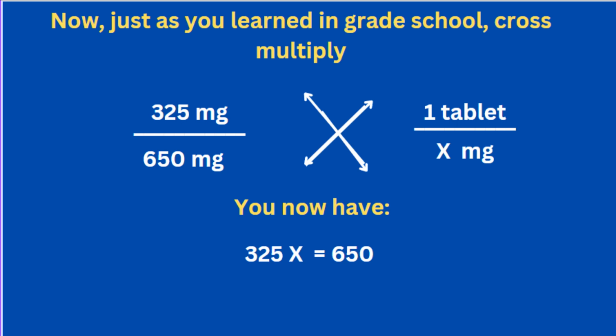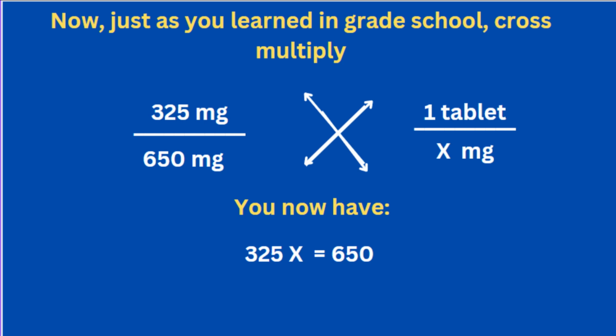This shows where you cross multiply, which means, of course, that you take the numerator of one and multiply it by the denominator of the other, and vice versa. You go over to the other side, take the numerator of that, and multiply by the denominator of that.